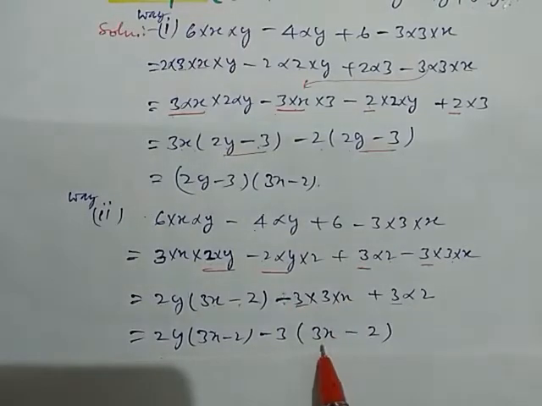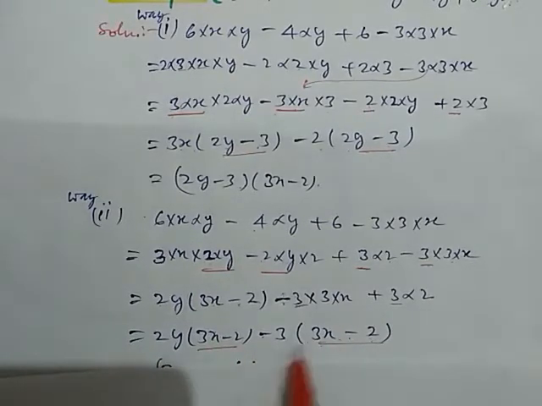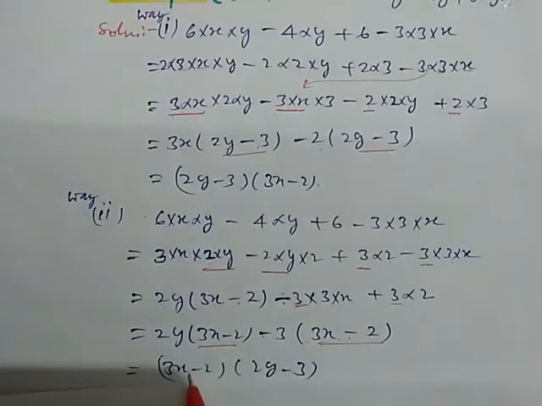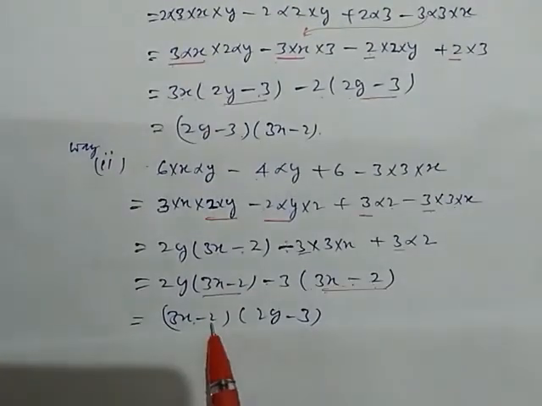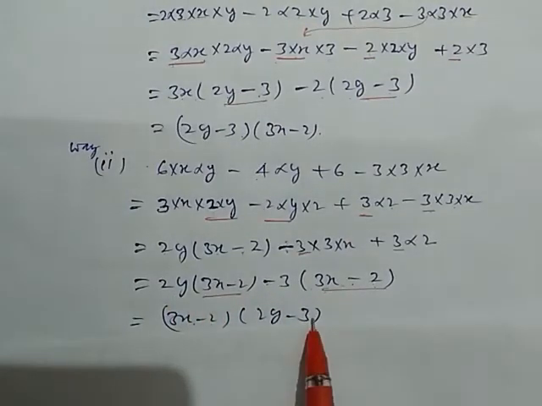So here 3x is left, and by taking minus common, plus into minus is converted into minus. So here 3x minus 2. Now 3x minus 2 is common in both the terms. So we take 3x minus 2 common, and we get 3x minus 2 into 2y minus 3, because here 2y is left, here minus 3 is left.